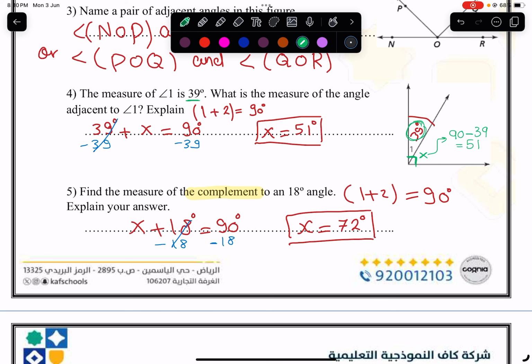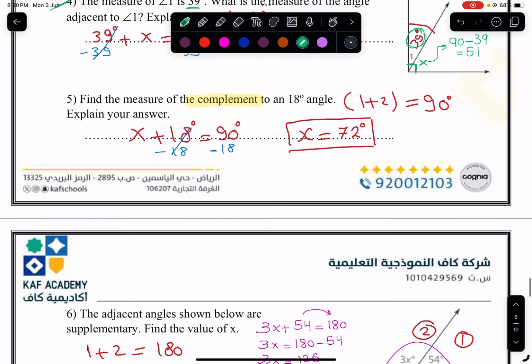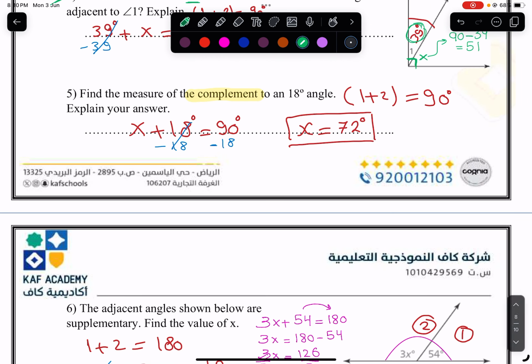Look at the question, now we finished this. Question number 5: Find the measure of the complement of angle 18. Explain your answer. Type complementary. What is this complementary? Complementary means the total of the angles is 90. So if I ask you to find the measure of the complement, we take this number subtracted from 90.